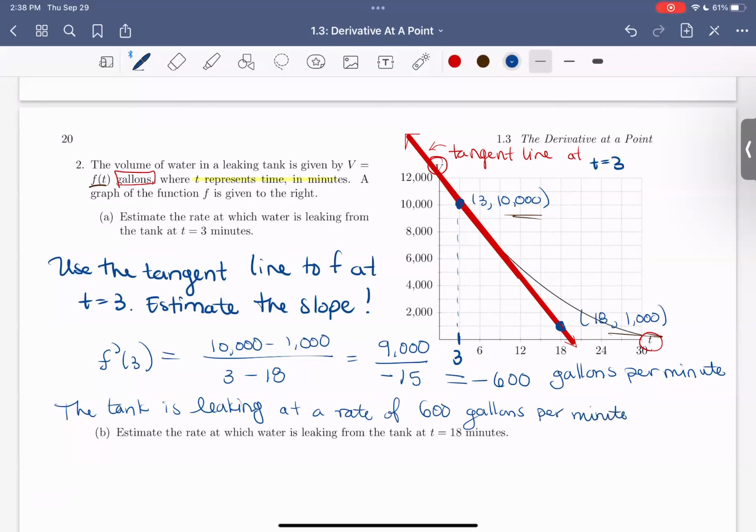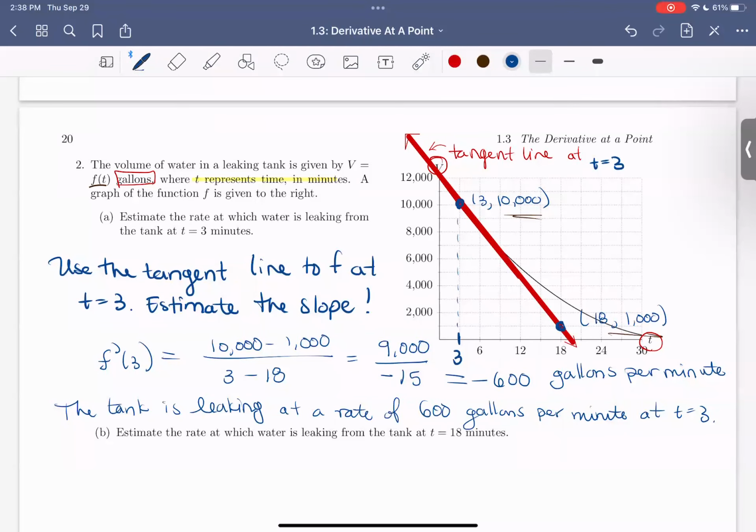And it's only leaking at that rate at that time, at T equals 3. So after 3 minutes, the rate of gallons that are leaving the tank is 600 gallons per minute. We're looking at minutes in the horizontal value.